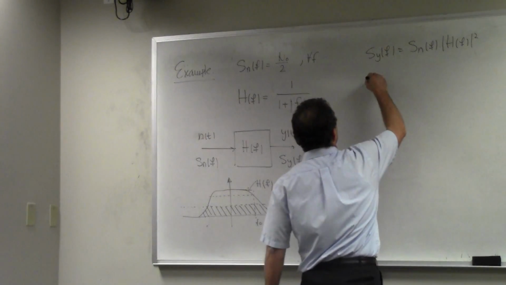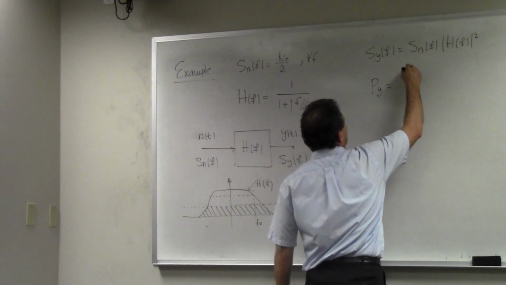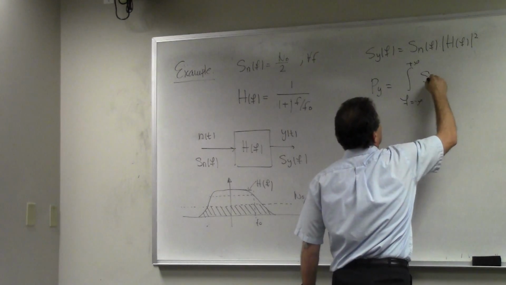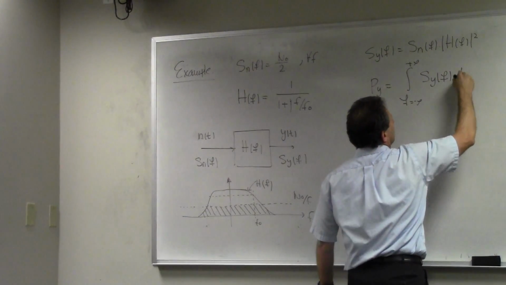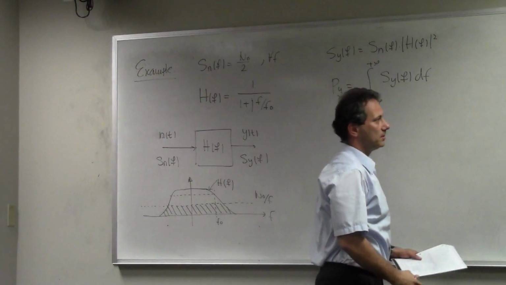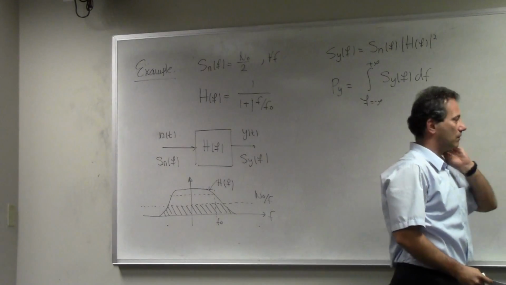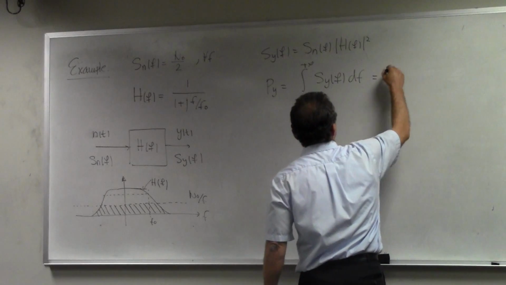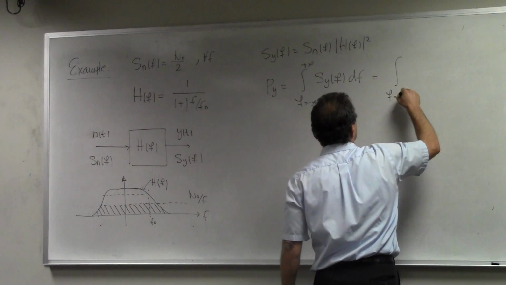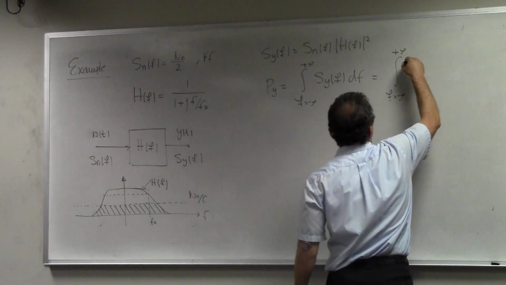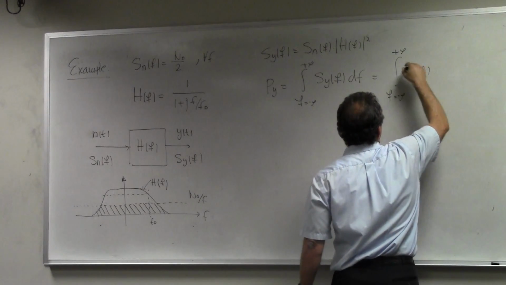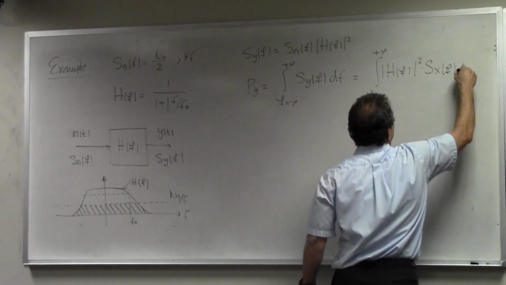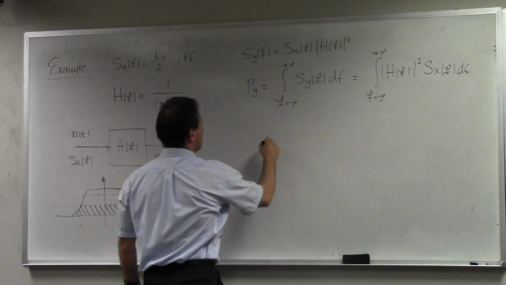Now, if I want to calculate the power of the output signal, I know that this is an integral where f goes from minus infinity to plus infinity of Sy of f df. Essentially scooping up the power spectral density of the output signal. And in every case, this becomes the integral from minus infinity to plus infinity of the magnitude of H of f squared times the power spectral density of the input. But in this case, we have a very easy task.